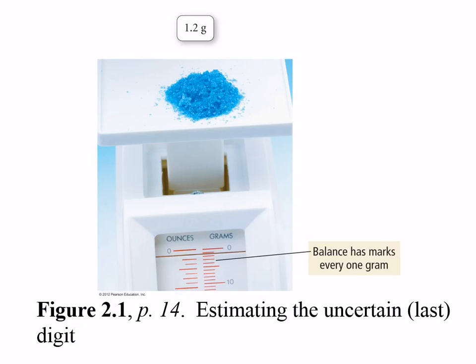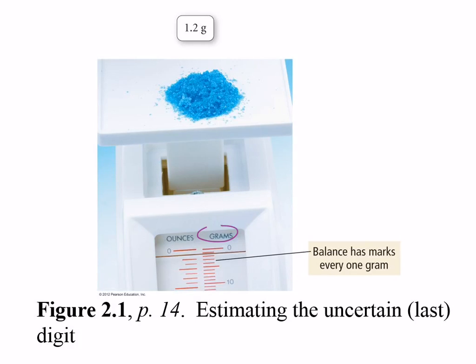So in the lab, I'm going to talk about how you look between lines and spit back a number. You have to estimate between the major lines. In this case, it's a balance. If we focus on the grams part, notice that here's 10 grams, here's 5 grams, so each major line is 1 gram.